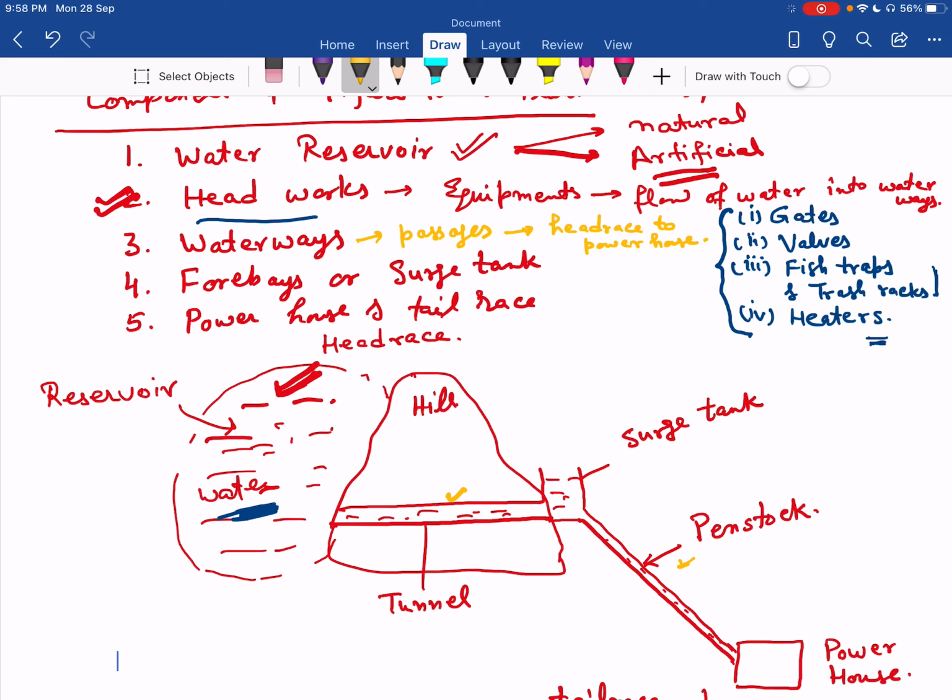If the length between the reservoir and powerhouse is large and it is through hilly areas, then we form tunnels.